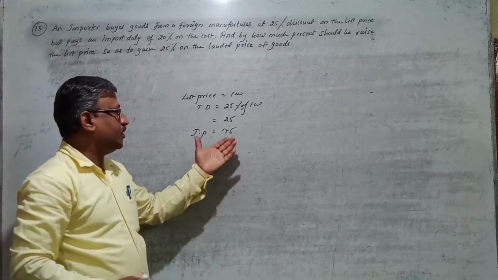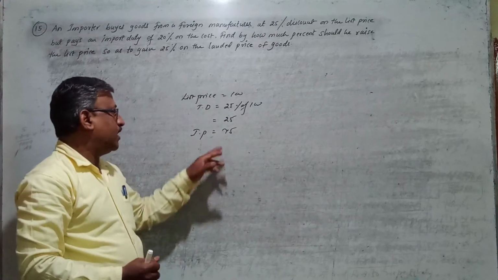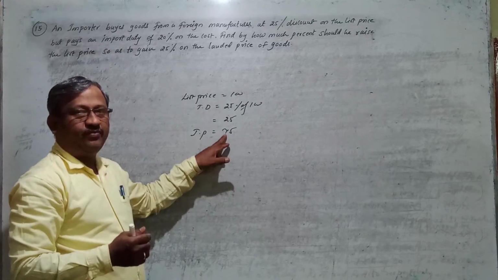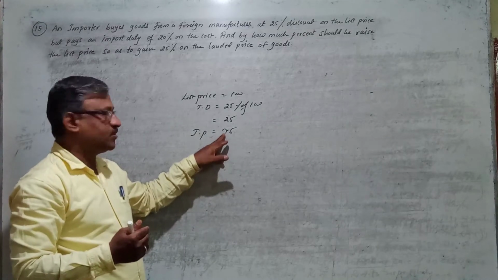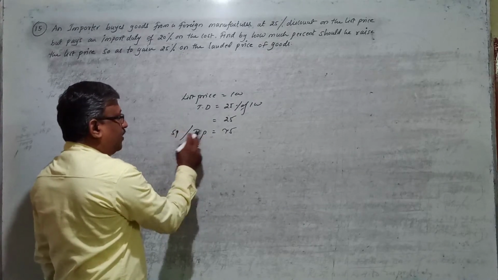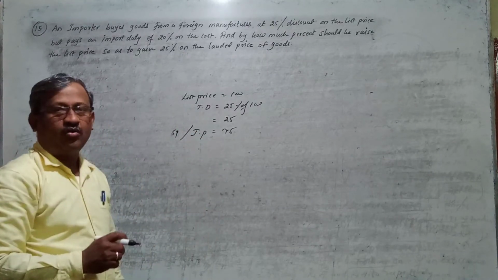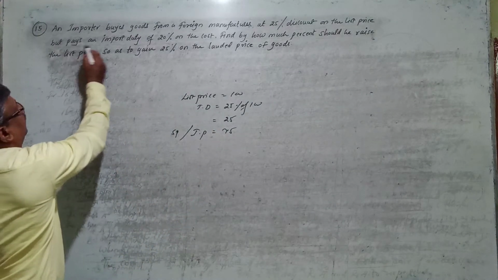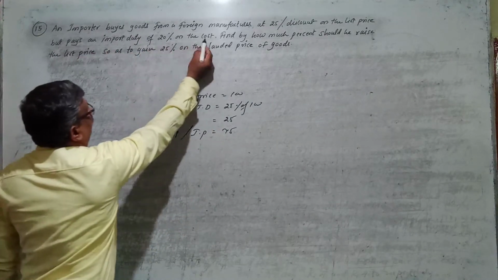So the importer is importing the goods, so he is the buyer. The selling price or invoice price of the foreign manufacturer becomes the cost price to the importer. Now as he is importing, he will have to pay the import duty of 20% on the cost.